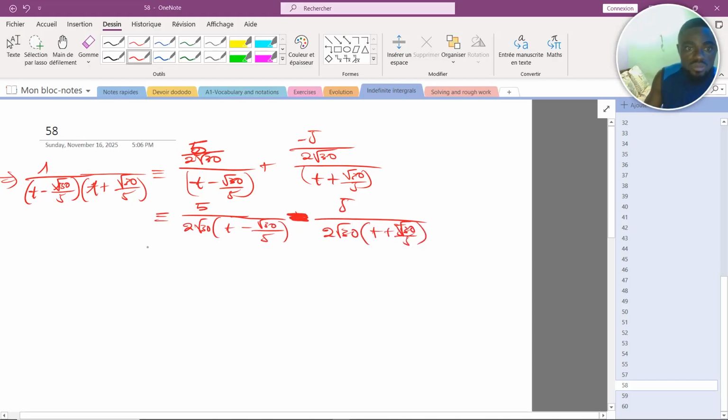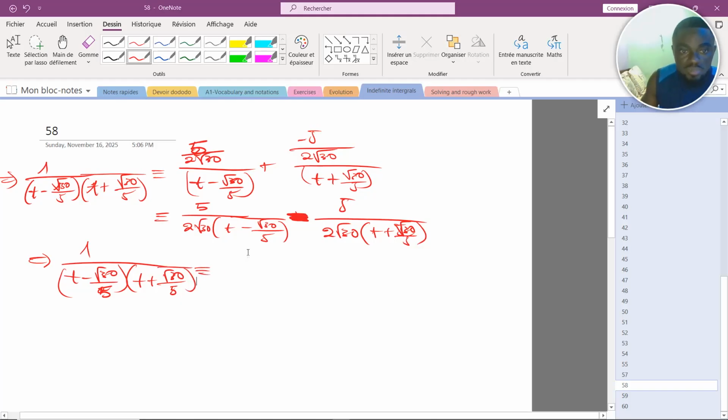Is that okay? So since this and this are common, I'll factorize it. So it implies 1 on t minus root 30 on 5 into t plus root 30 on 5.